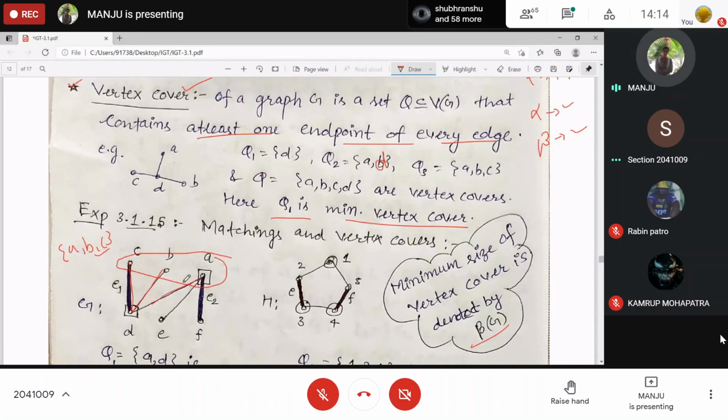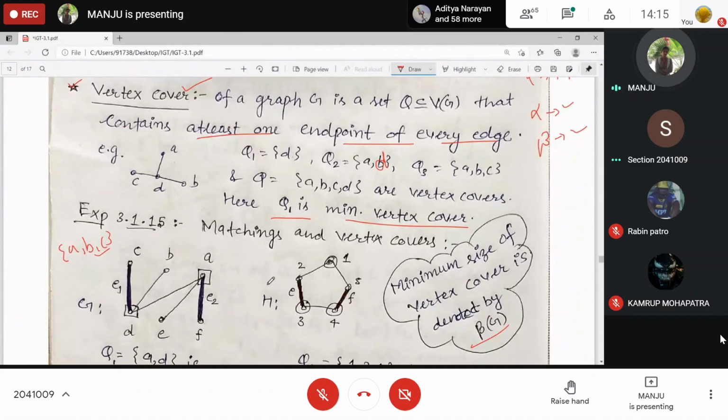The vertex A is covering all these, right? And also, if you take C, B, are they covering? Ma'am, C and B is not covering the E2 edge. Then yes. So that's why we cannot take these two, right? This edge is not covered. And these three are covering. Any one vertex is not covering.